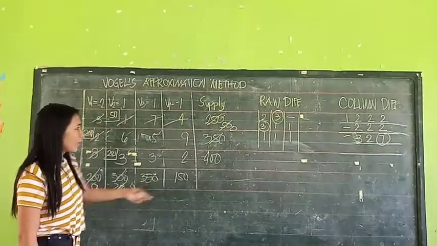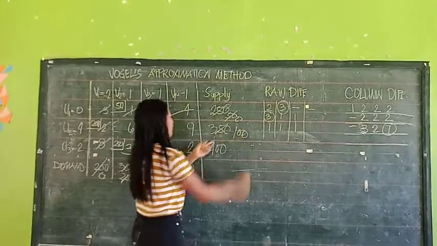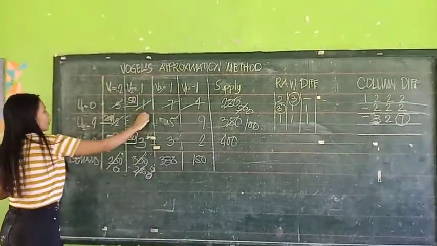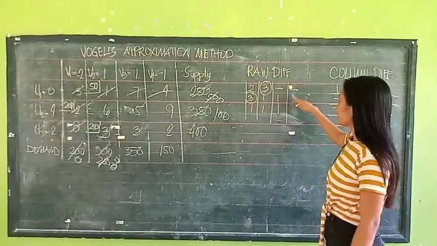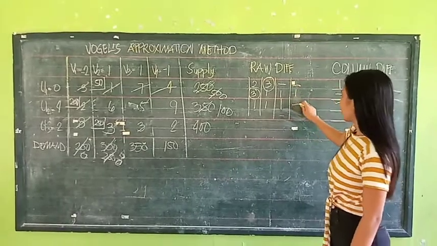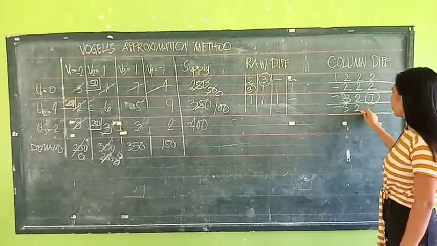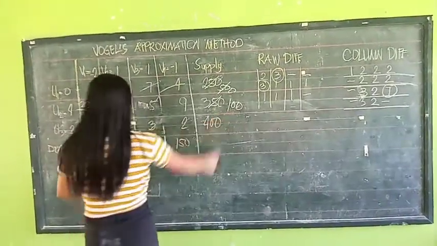So 350 minus 250 is equal to 100. Since they are both satisfied, we now cancel. Cancel the row difference, and 1 will cancel, and it will be 3. So we solve now.